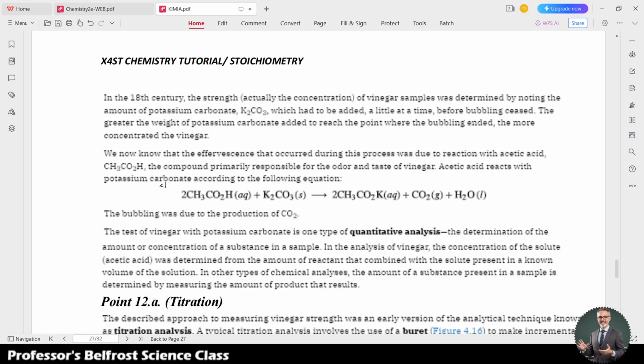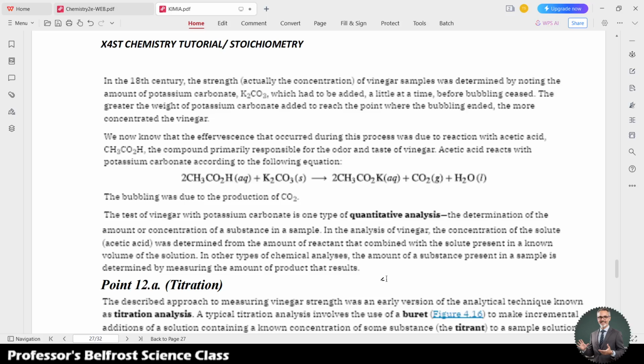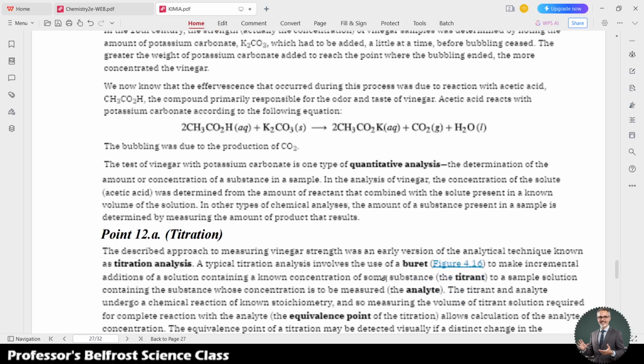In the case of analysis of vinegar, the concentration of the acetic acid was determined from the amount of reactant that combined with the acid present in a known volume of the solution. In other types of chemical analysis, the amount of substance present in a sample is determined by measuring the amount of product that results.